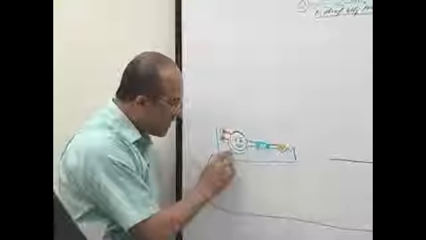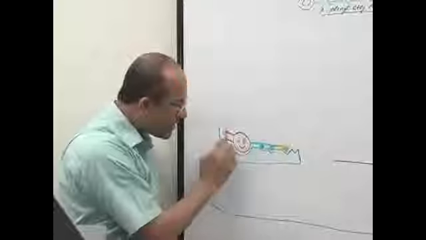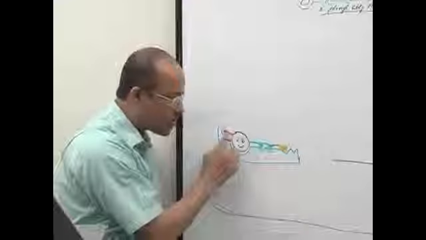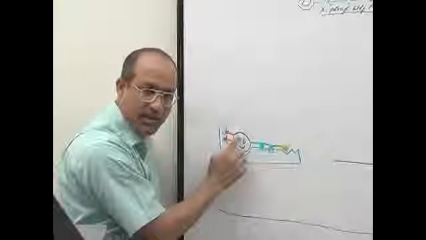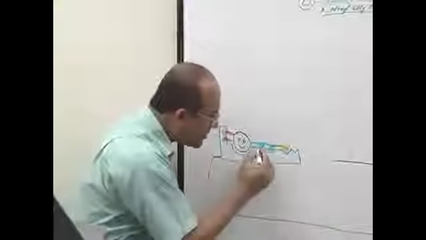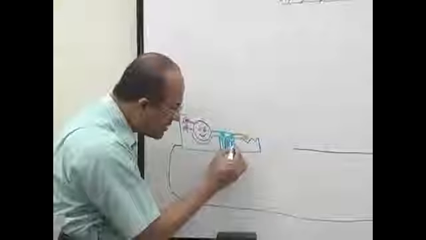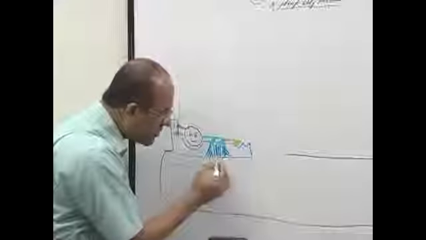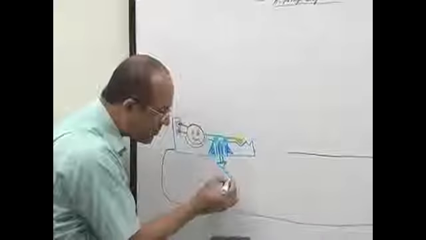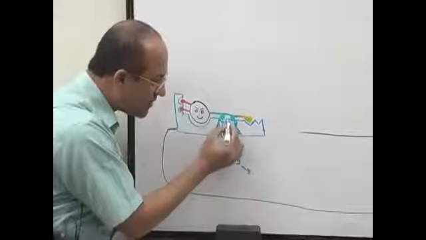Because this area determines the primary binding of the drug, and this binding determines the potency of the drug and affinity of binding, right? But this part of the receptor determines intrinsic activity.